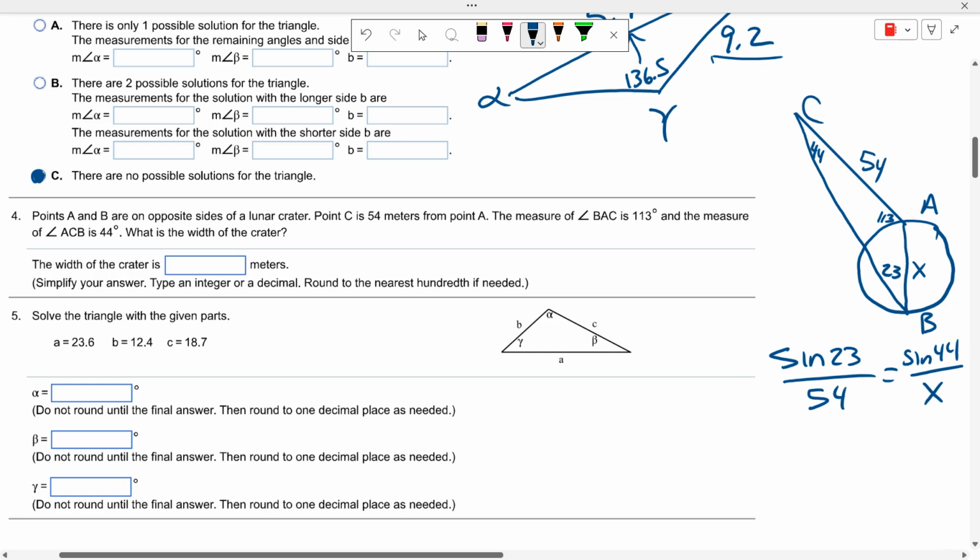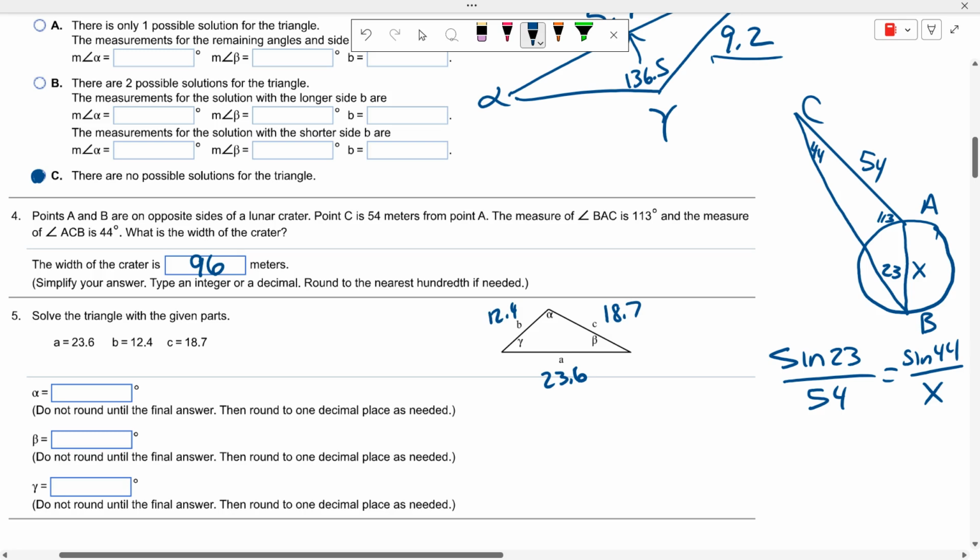So it's 54 sine of 44 divided by the sine of 23. 96. Sounds good to me.